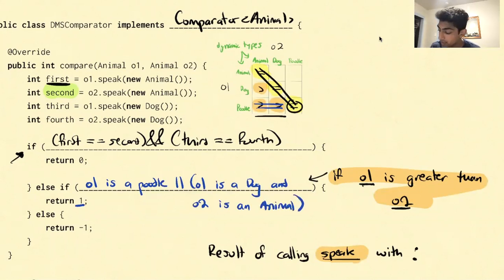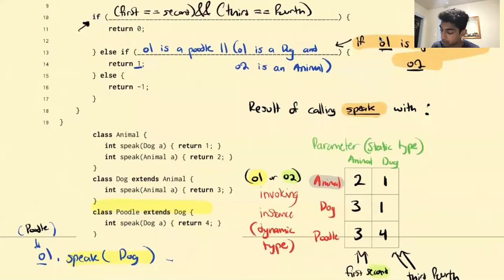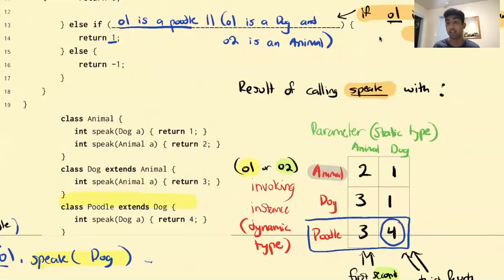So let's translate these to code using this table that we made over here. Okay, so this case, that if O1 is a poodle, translates to us looking at this section of the table, okay? Notice that if O1 is a poodle, only poodles have a 4 for this spot right here, okay?